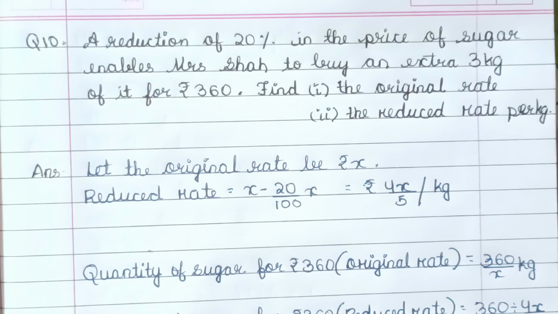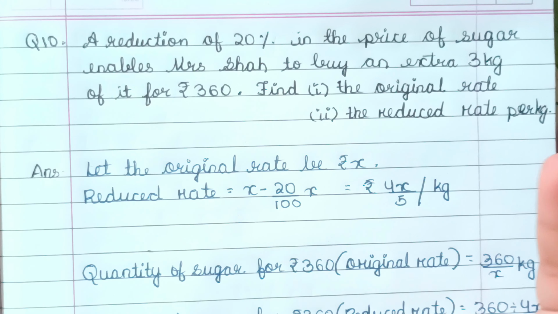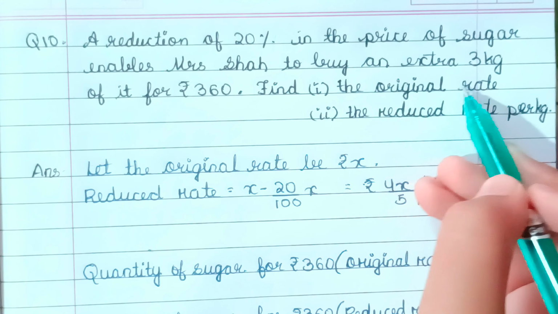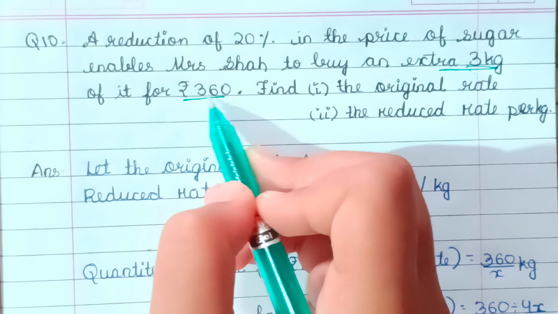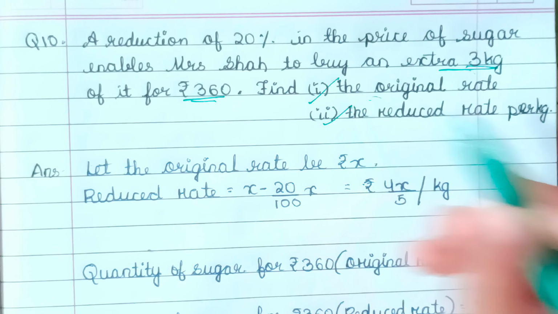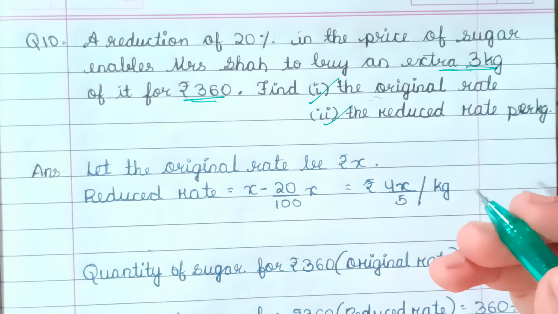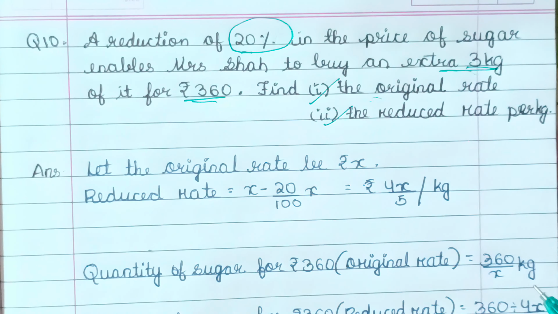Question number 10, the last but not the least. A reduction of 20% in the price of sugar enables Mrs. Saha to buy an extra 3 kg of it for rupees 360. Find the original rate and the reduced rate per kg. It is given that a reduction of 20% is given on the sugar.